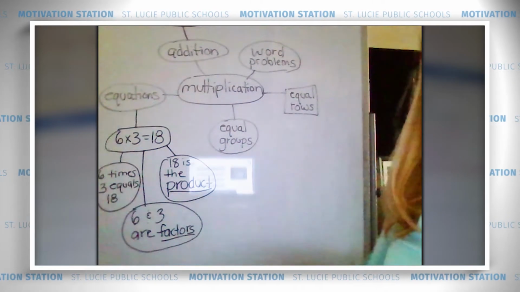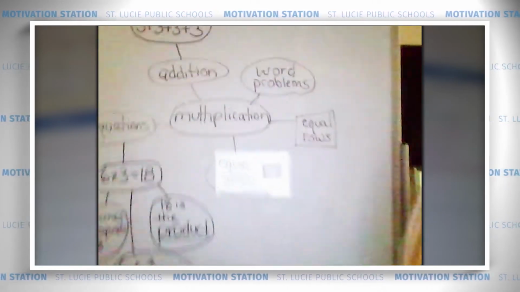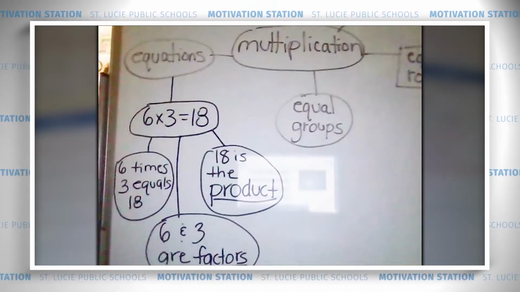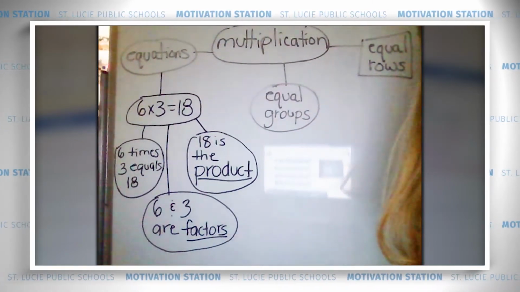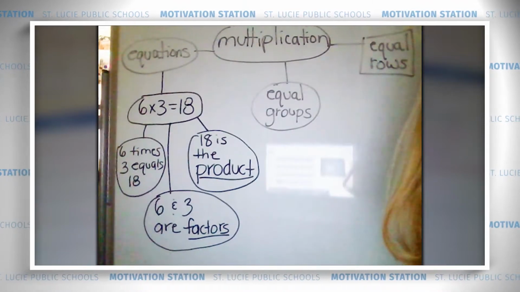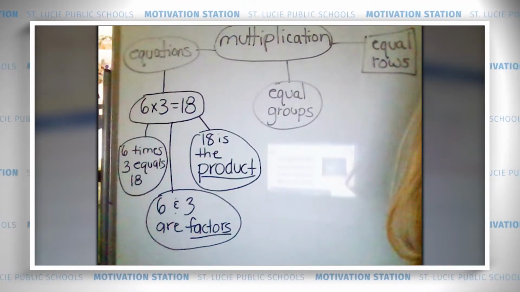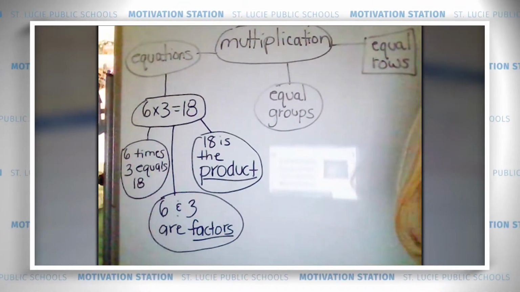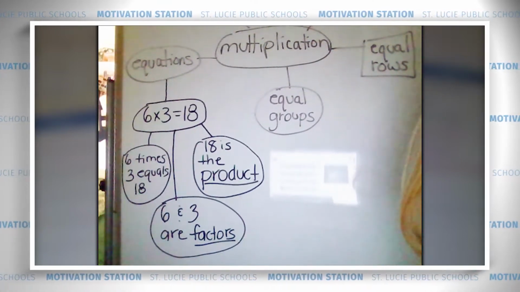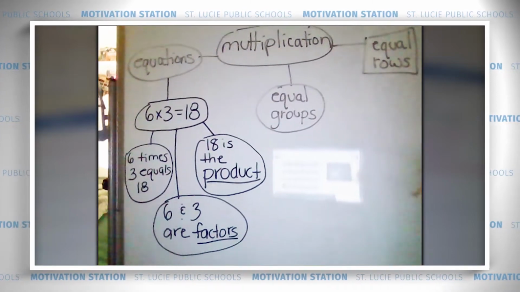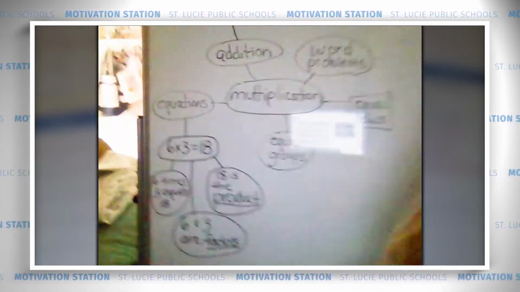Make sure you have all that down. So 18 is the product, 3 and 6 are factors, and 6 times 3 equals 18. You should have all that written down.